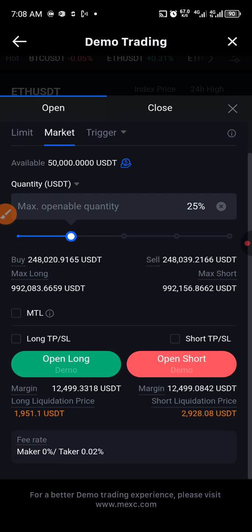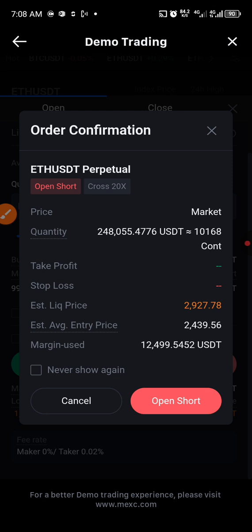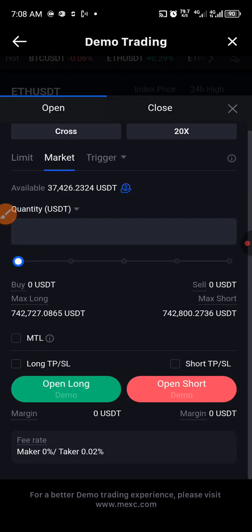Okay, so now am I considering long? Remember, long means you are expecting the price to go up, but short, you are expecting the price to drop. So for me, in this trade, I'm expecting the price to drop. So let me open short. Okay, I'm using cross, and I'm using 20x. So let me open the short.